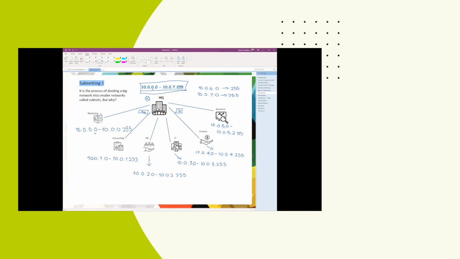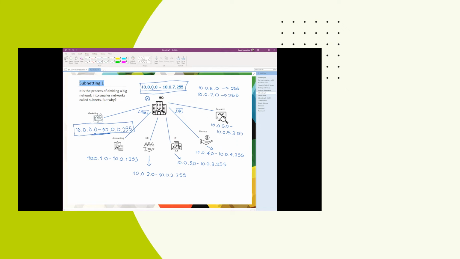So we segment our networks in order to minimize this broadcast traffic reaching all the devices. Whatever broadcast is happening in the marketing department is going to be heard, and I'm putting heard in quotes, in this range.